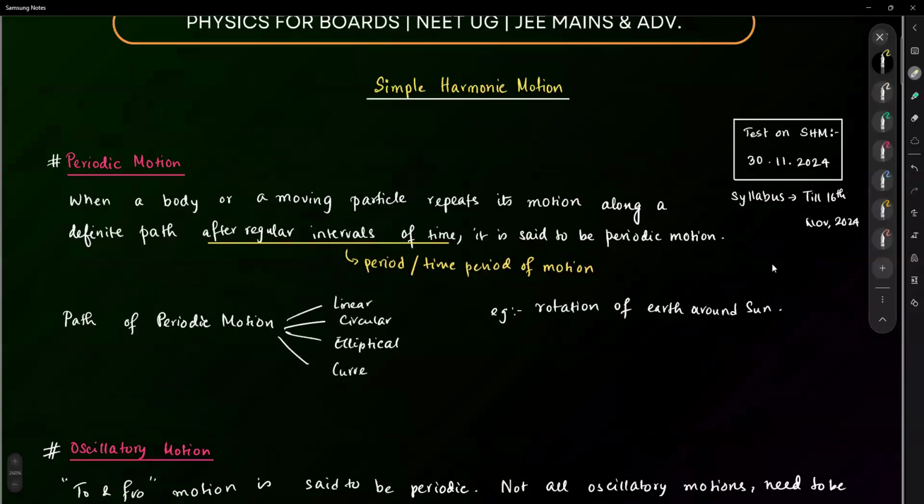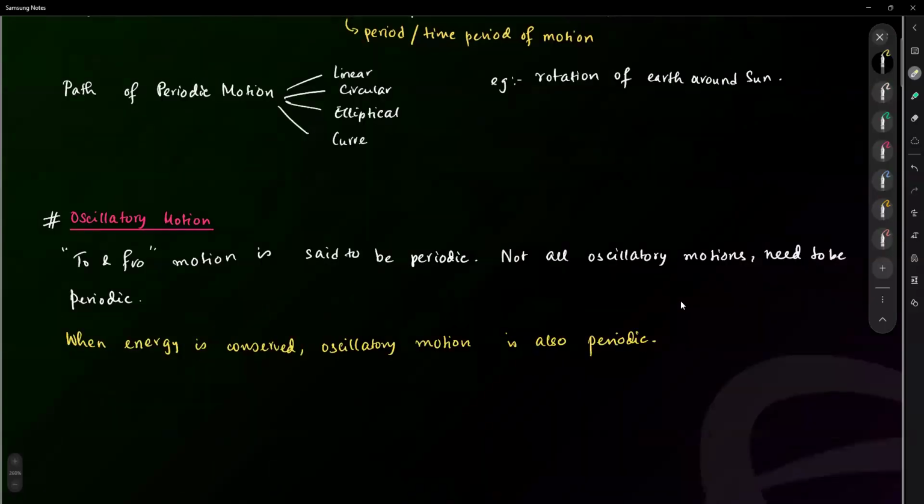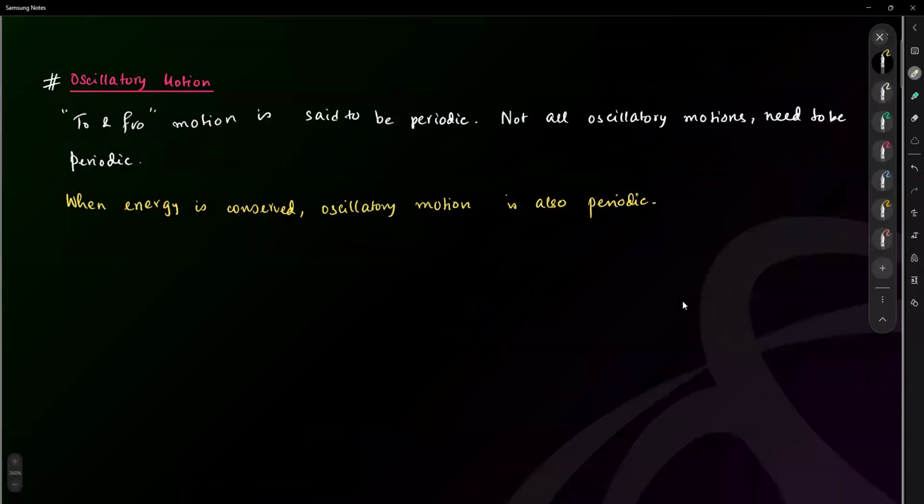That means oscillatory motion can be of two types.